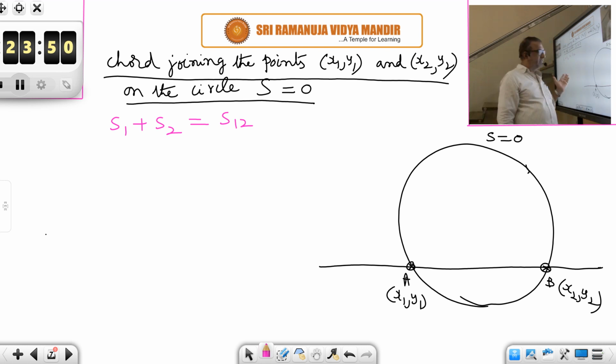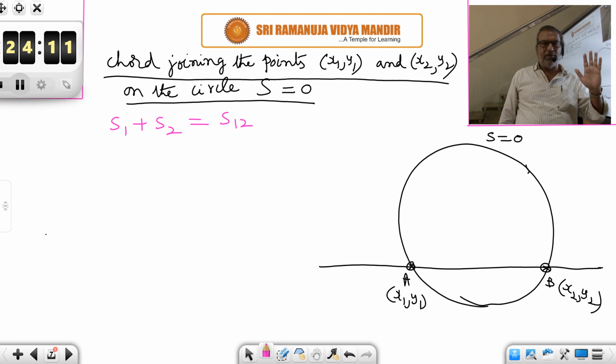Here in circles we have seen S1, S2. Similarly for parabola there will be a separate notation. S means y square minus 4ax. S1 means y y1 minus 2a into x plus x1. Like that, parabola will have a separate notation, ellipse will have a separate notation, hyperbola will have a separate notation.